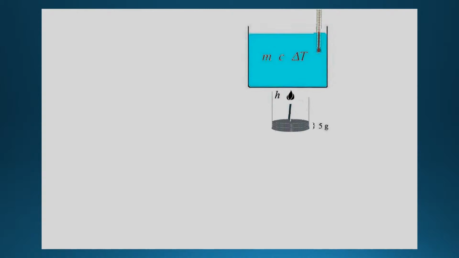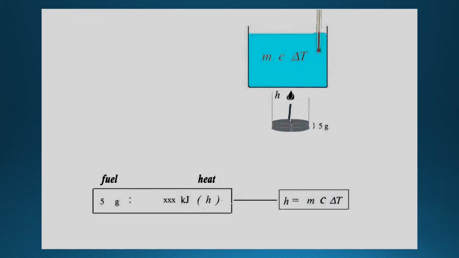How does that represent in an equation? It will have two parts. One part of the heat energy equals the MCΔT calculation: the mass of water and the change of temperature.